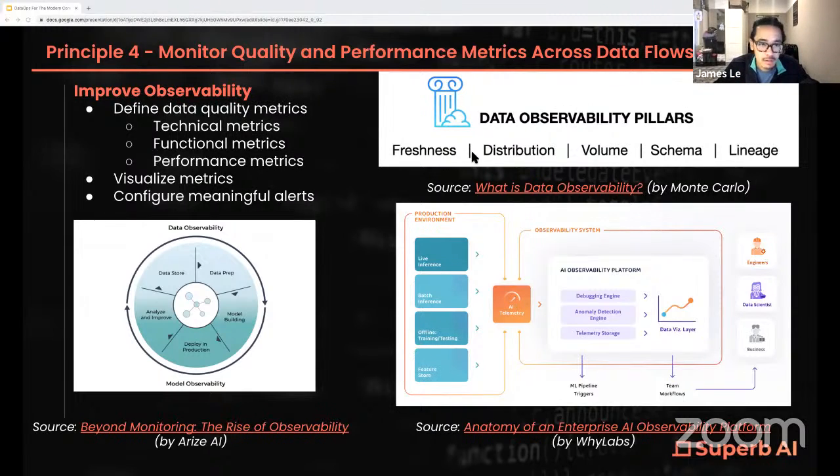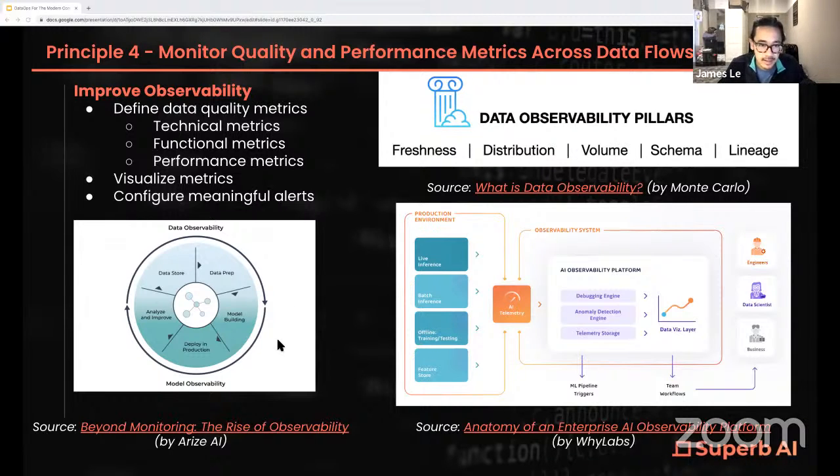The team at Monte Carlo defines the five pillars of data observability to include freshness, distribution, volume, schema, and lineage. In the context of computer vision, that means how up to date the labels are, how the labels are distributed within an image, how big the number of images is, how the labels are visualized and formatted, and finally how the images are currently being versioned.